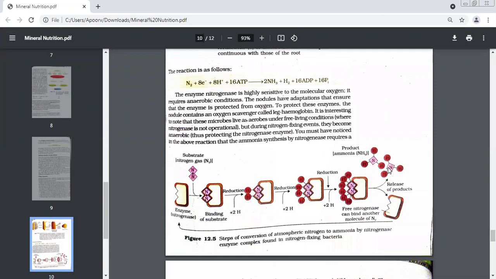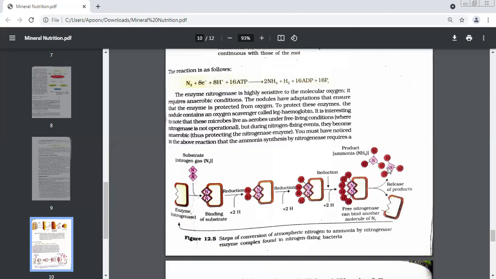It is interesting to note that these microbes live as aerobes under free living conditions. When they are living on their own, they live as aerobes. These bacteria, the rhizobium and all, can live in aerobic conditions when nitrogen fixation is not functioning.